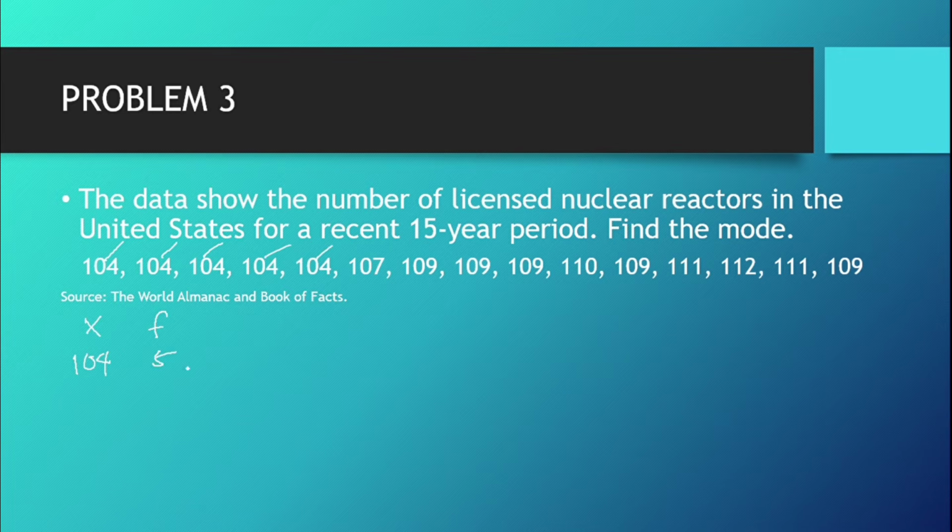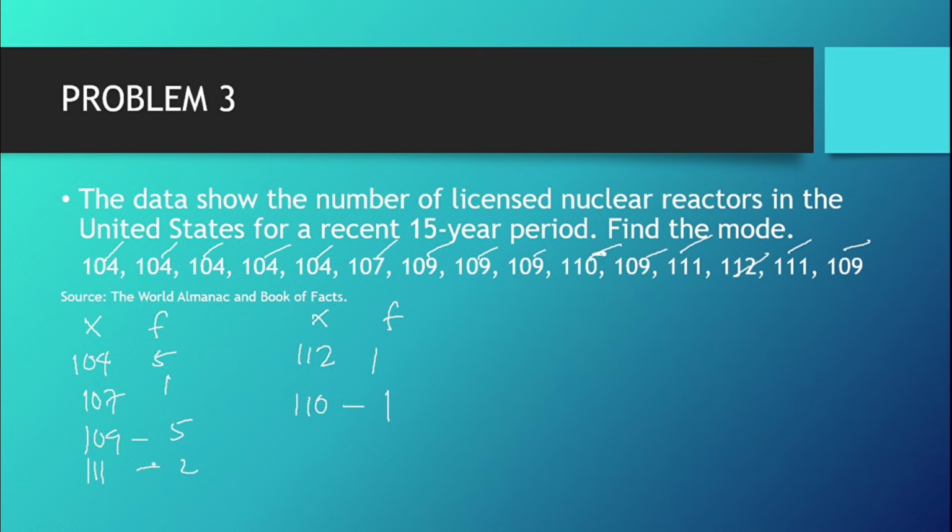And 107, so you have 1. 109, we have 1, 2, 3, 4, and 5. Next, we have 111, so we have 2. Next is 112, this is x and f. 112 is 1. Next is 110, which is 1.